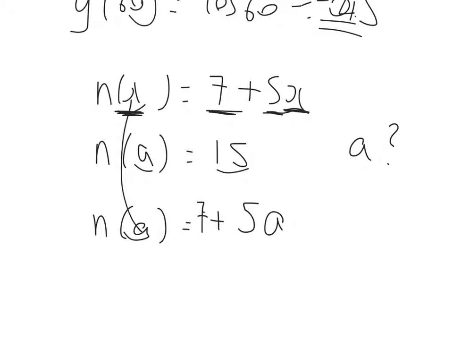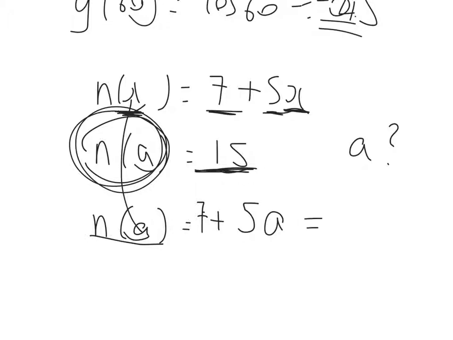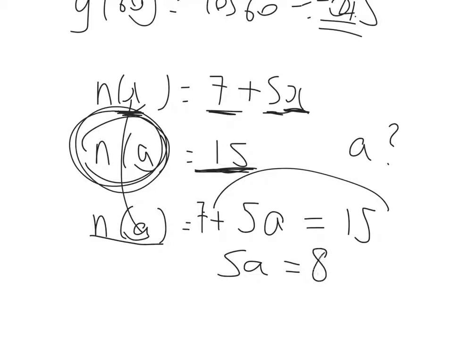So that will give me 7 plus 5a. The question then tells me that n of a is equal to 15. Find a, well that's easy. Take the 7 across, take away, that will be 5a equals 8, and a equals 8 over 5.